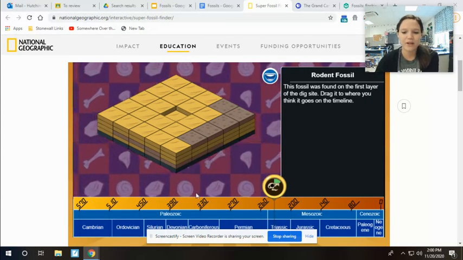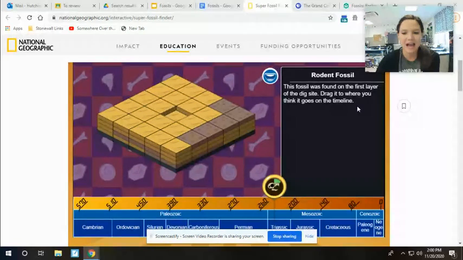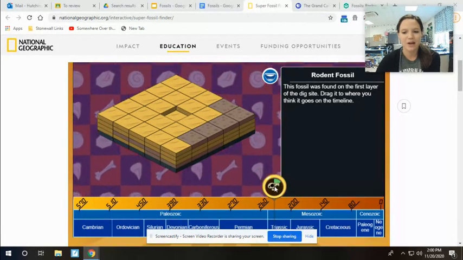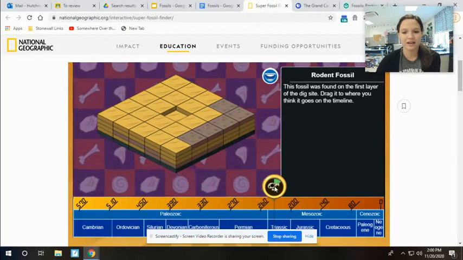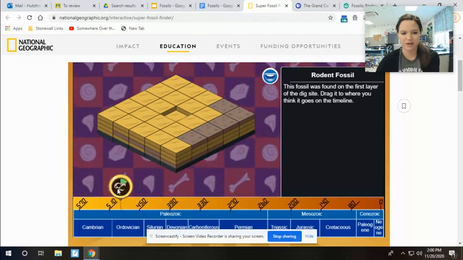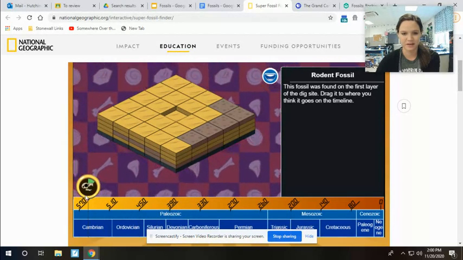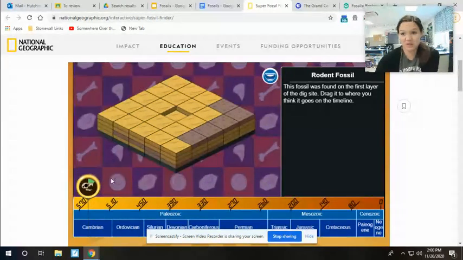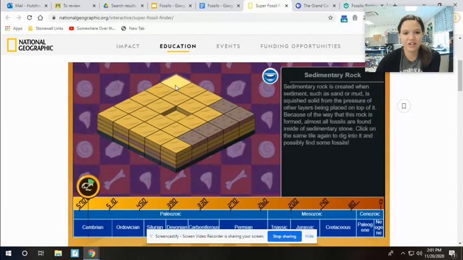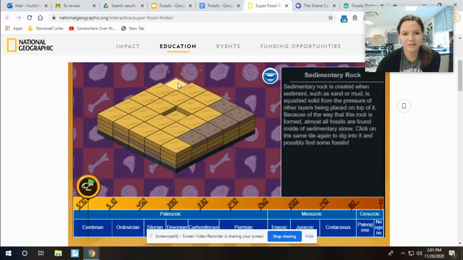Drag it to see where you think it goes on the timeline. All right, well, I know it goes on the first layer, so it's going to be on the top layer. I'm going to look and see what it is. And so I'm going to move it up here to my top layer. I think that one's right. I don't know. We'll check there at the end. And then I'm going to click and try to find some more fossils.